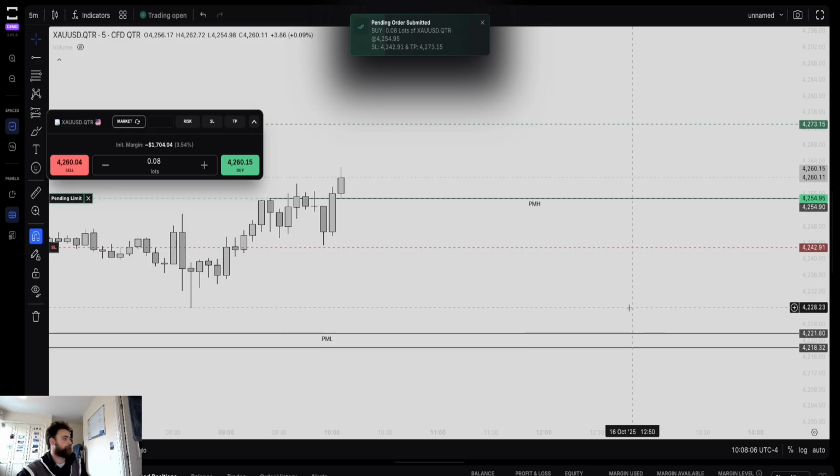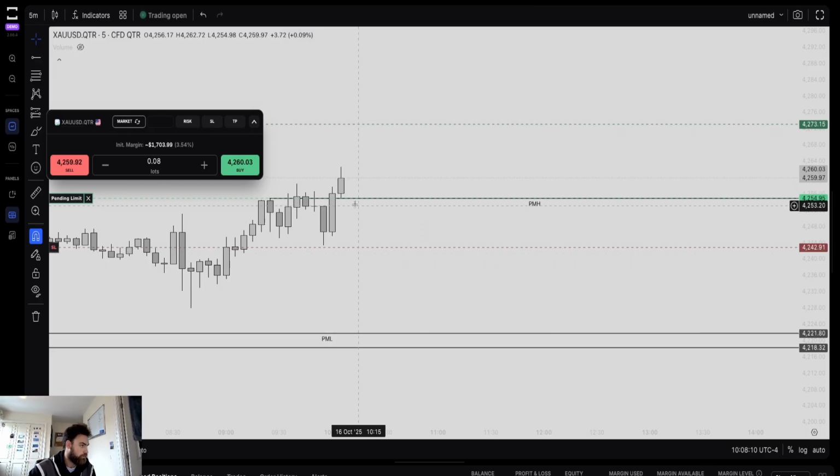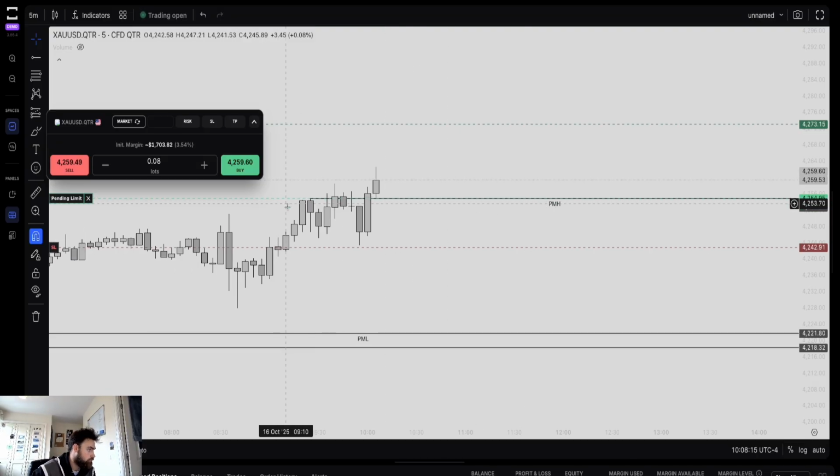Yeah, buy limit order is in. Now we're looking for retracements back to this area, and then we just want price to respect this zone here.